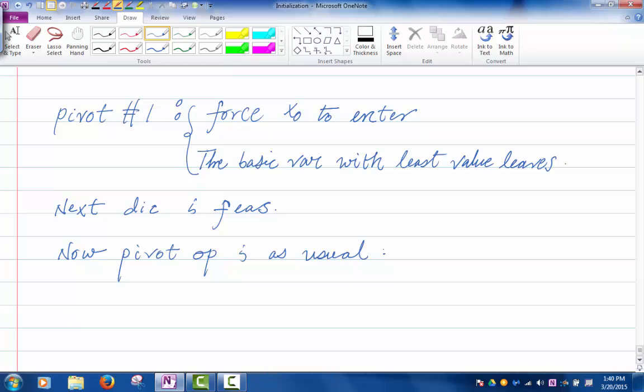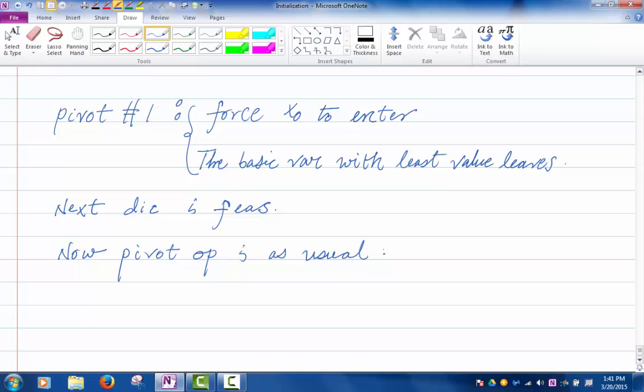So it means that the entering variable would be the variable with the largest coefficient in the objective row, and then once you have that, look at the column for the entering and the constant column, and figure out as you increase the entering variable, which of the basic variables goes to 0 first. That's going to be determined by the ratios that we look at, and then you pick out your leaving variable.